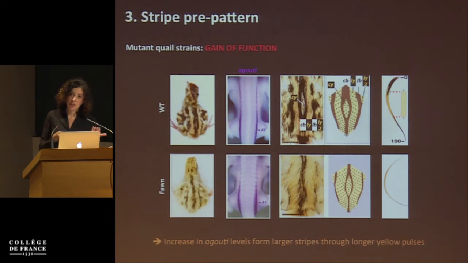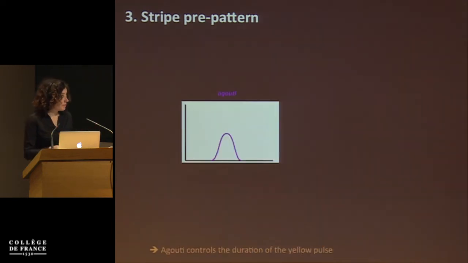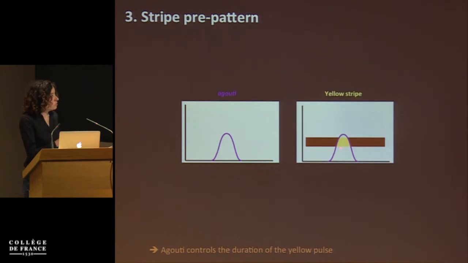So what this loss and gain of function experiment told us is that first they confirmed that agouti establishes a pre-pattern of yellow production, and that it acts by controlling the duration of the yellow pulse along the feather. And this occurs in a dose-dependent manner. So if this is the surface of the skin, here you have the dose of agouti expression locally. At a certain threshold, the cells that receive agouti signaling will produce yellow.